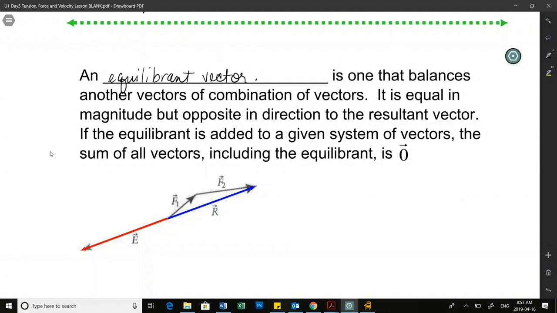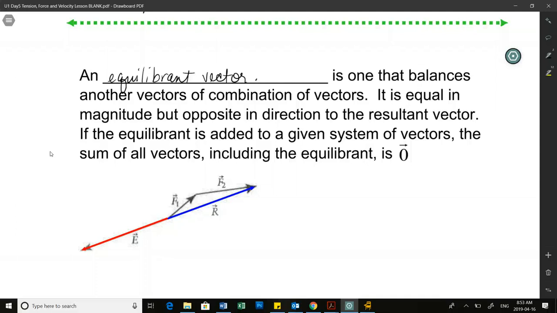It is equal in magnitude but opposite in direction to the resultant vector. So if we balance out the resultant vector with this red vector here that's labeled E for equilibrant, that means those things are all summing up to give us 0.